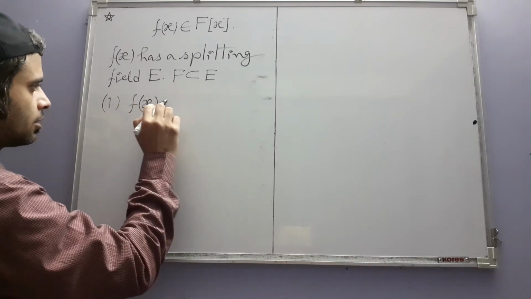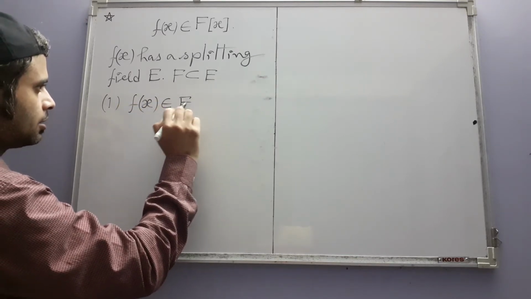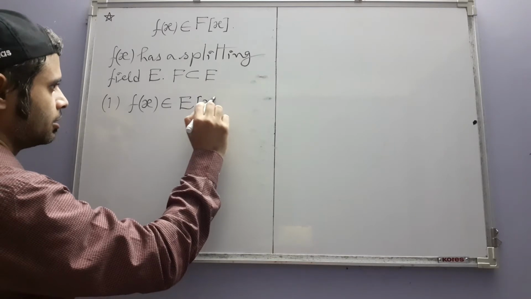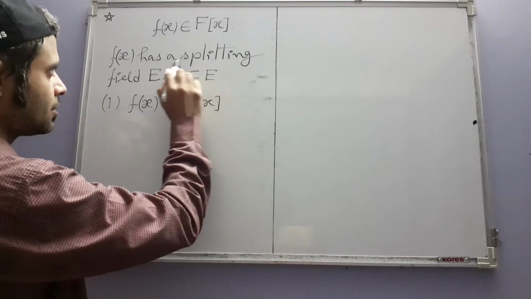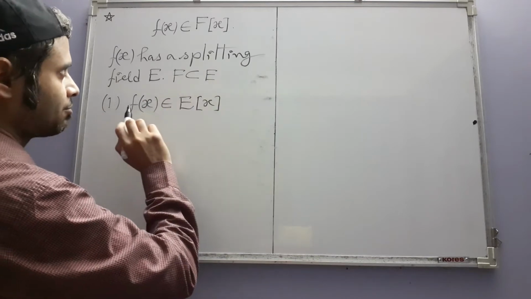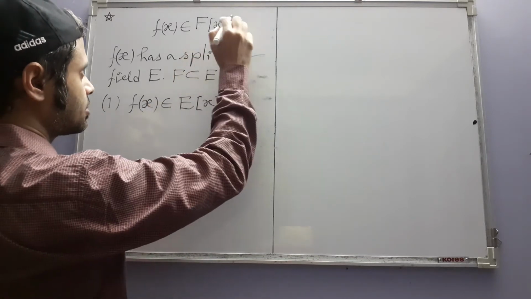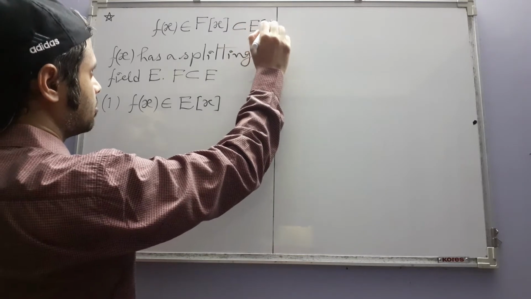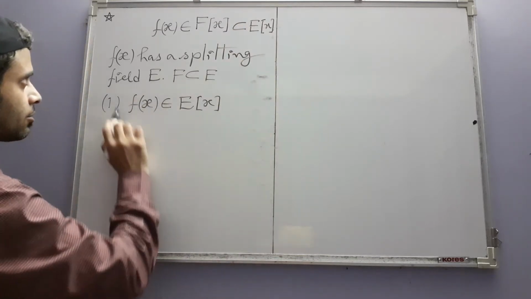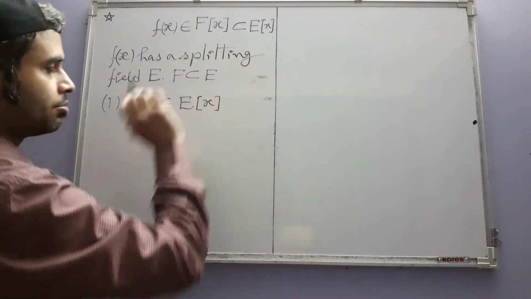When you consider the polynomial as an element in this larger polynomial ring E[x], which you can do because you have this containment, F is a subfield of E, so naturally F[x] is a subring of this other polynomial ring E[x]. So you can consider this element also as an element of E[x].